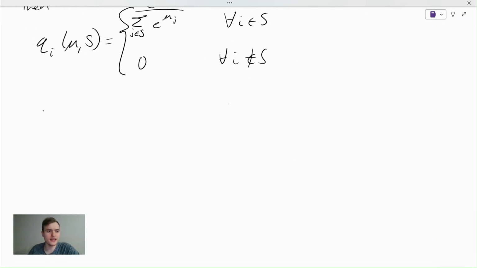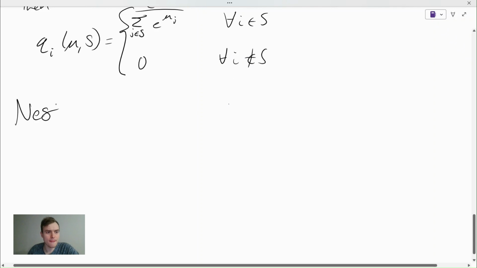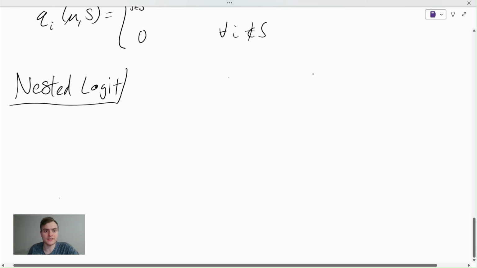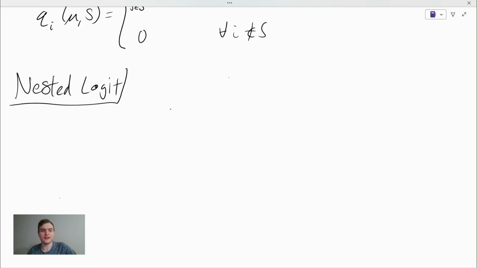Next, let's consider the nested logit model, where adding an alternative affects alternatives that are similar to it more than it does other alternatives. So we're going to split our set of alternatives into different nests. It's just a synonym for group or cluster or partition of alternatives.